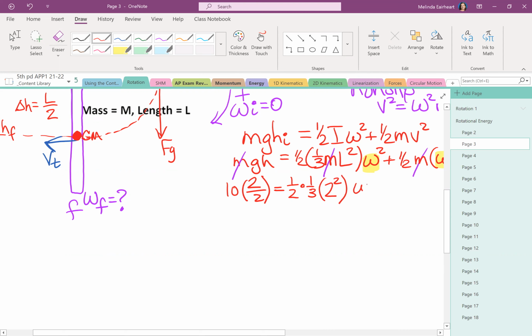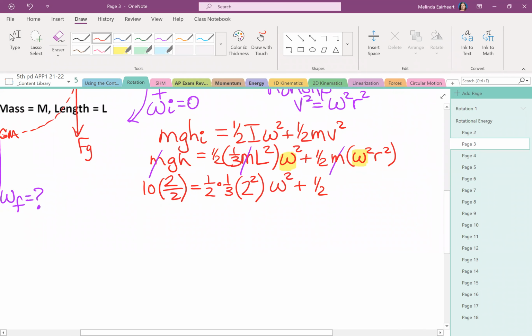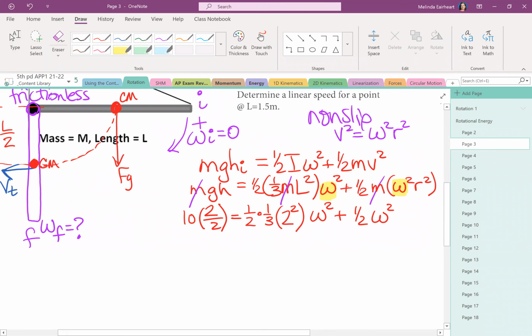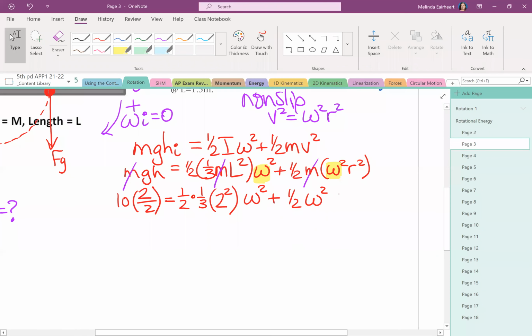And then we have omega squared. And then we get 1/2 of omega squared. Now, what's this R? Well, this is that R for the center of mass. So go back up. What's the radius that the center of mass has? 1/2 of L. So it's going to be that 1 value again.